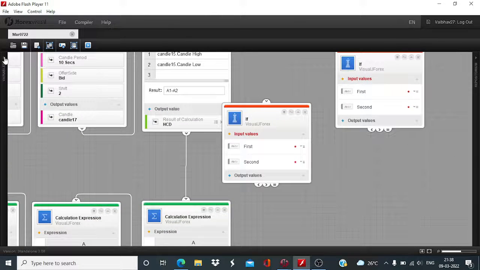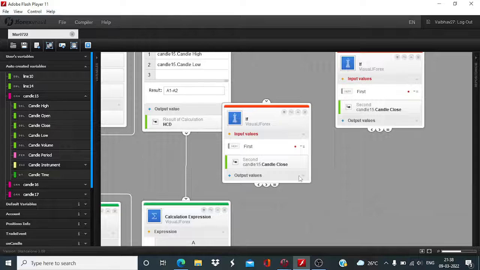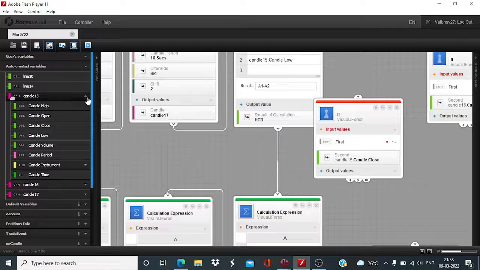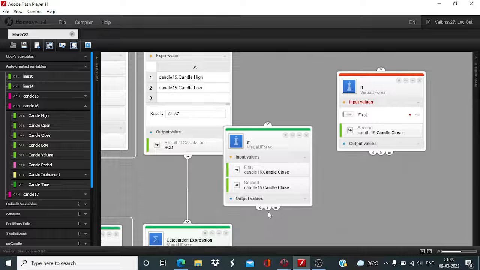So in these two blocks, candle 15 candle close is going to be the common input, and it will be compared. So here first input less than second input.